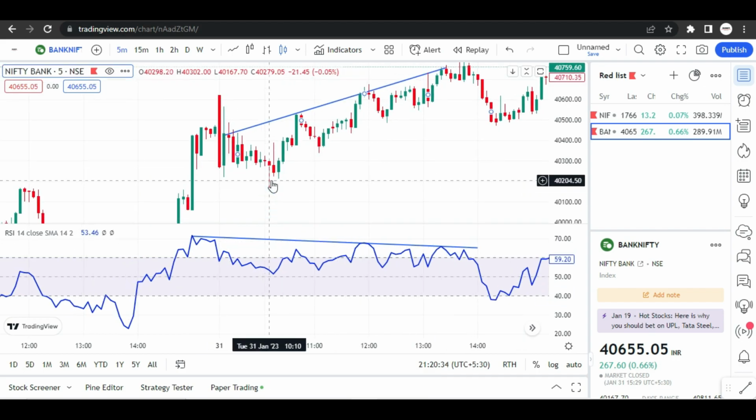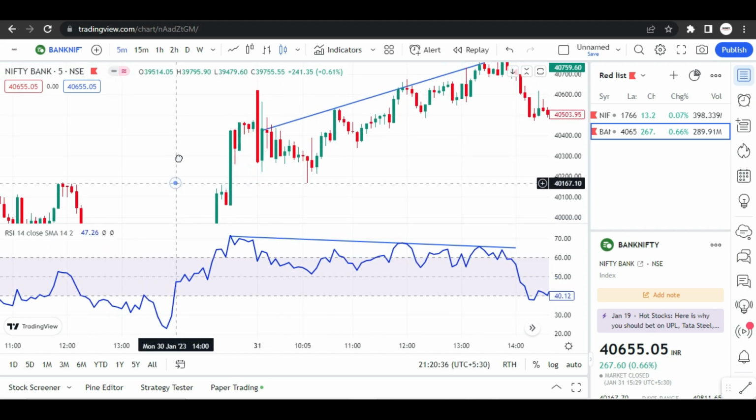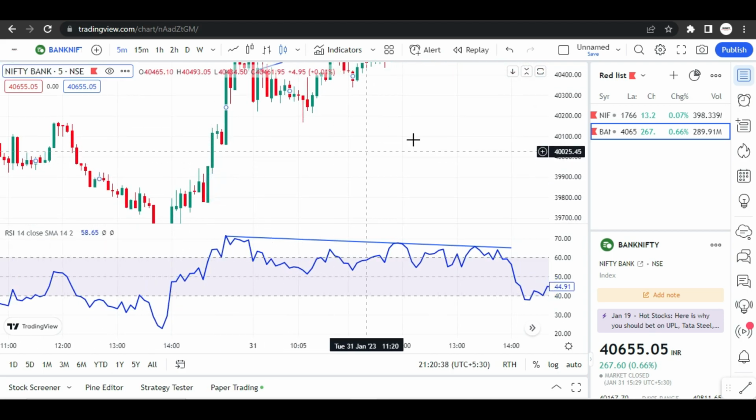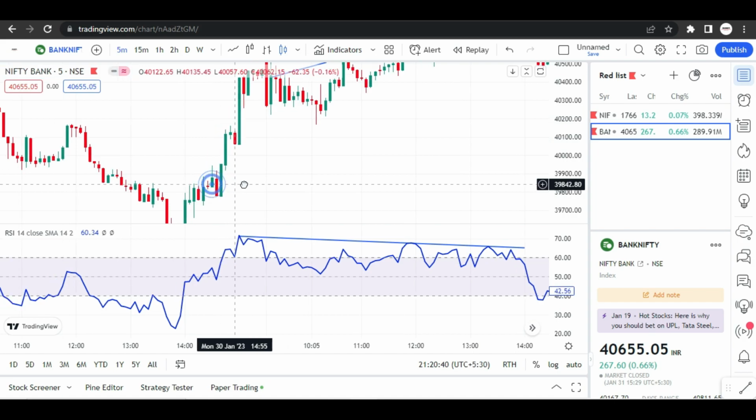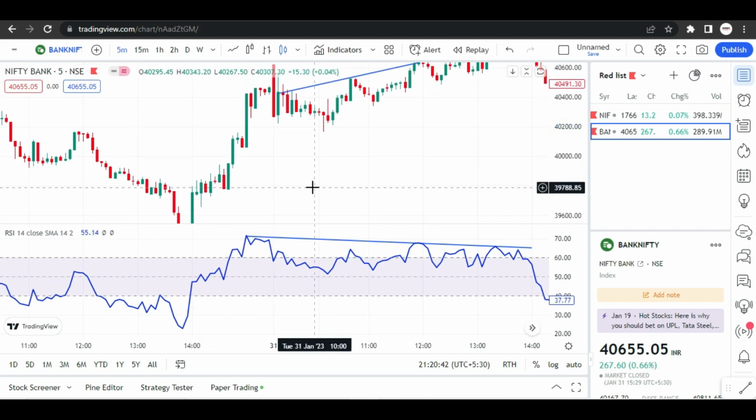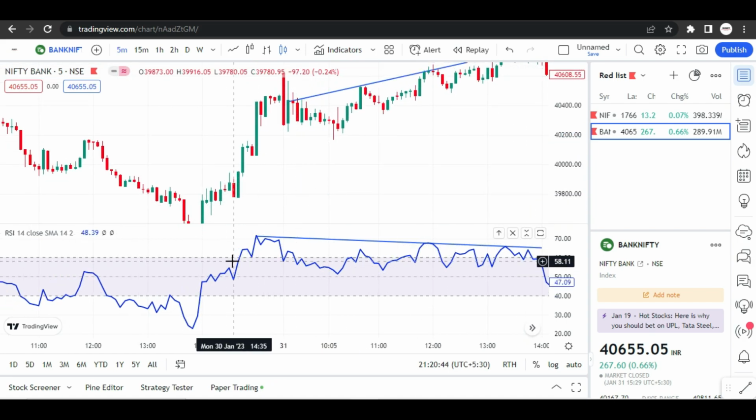Another way people use this is for momentum. Whenever the RSI line crosses the 60 zone and starts taking support over 60, people look for a long entry, because this is a sign of momentum.